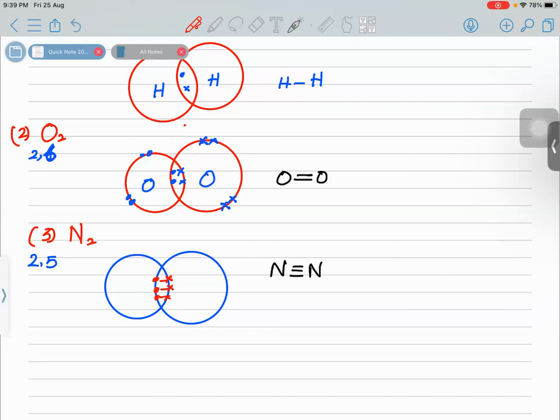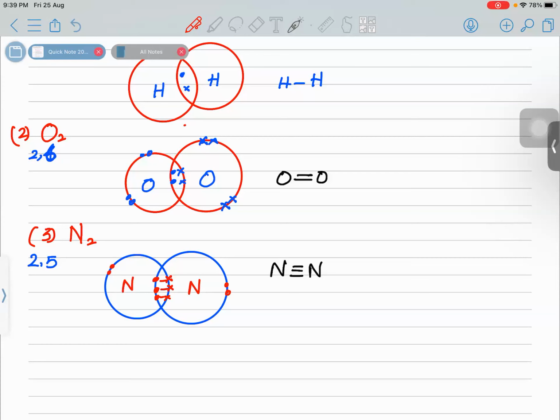So three bonds are formed and 3 electrons are used. This is the remaining electron. Any question regarding this nitrogen molecule? No, sir.